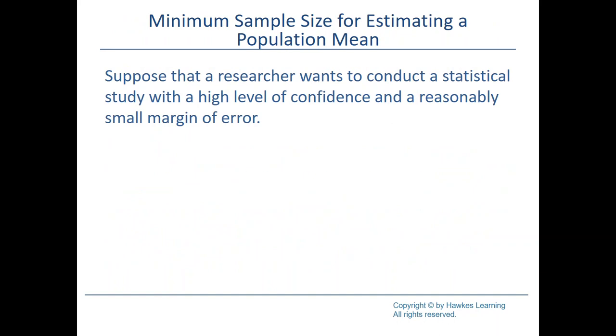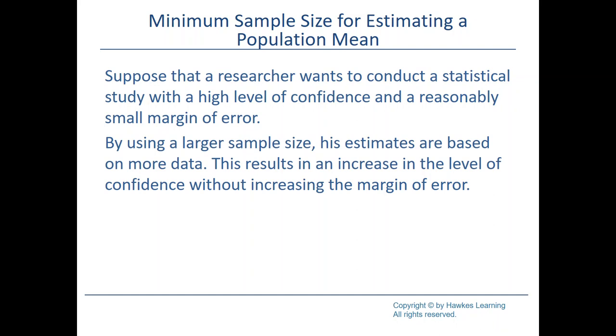So the last thing we need to talk about is the minimum size of a sample. A lot of the time, a researcher wants to conduct a statistical study with a high level of confidence, meaning the margin of error is going to be relatively small. By using a large sample size, the estimates are based on more data, and this results in an increased level of confidence without increasing the margin of error.